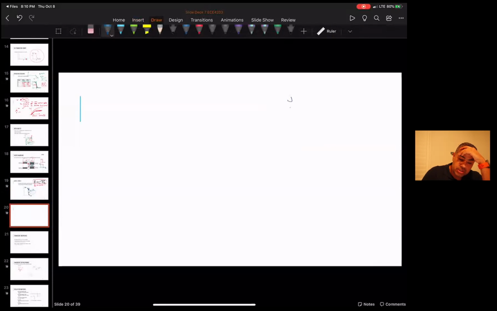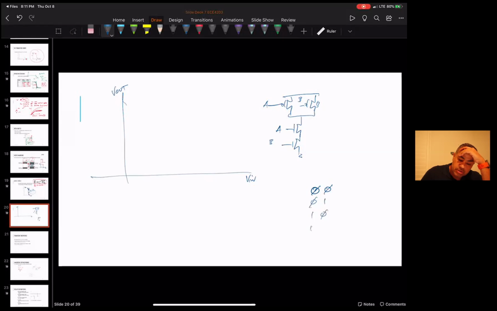You can use the same analysis for a NAND gate. So let's say we want to figure out the same VIn versus VOut for a NAND gate. Well, the problem is for a NAND gate, you have two inputs. And so what happens with a NAND gate? I think it's 0, 1, 1, 1, right?